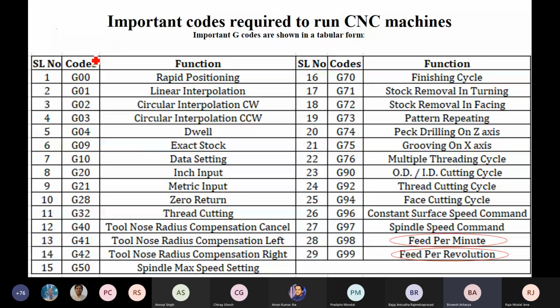It may be confusing now. See G04, this is the dwell. Dwell means a halt during the machining time, where the machining action will be stopped and we can inspect for some time.